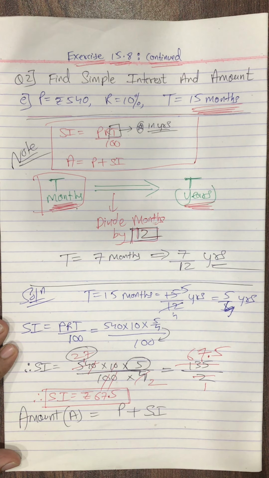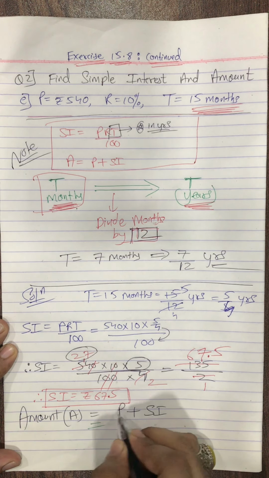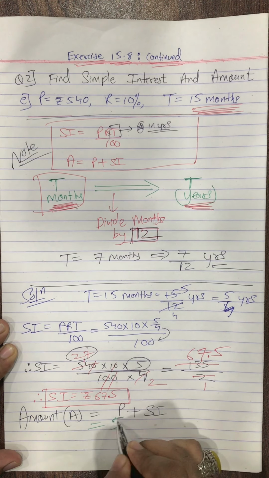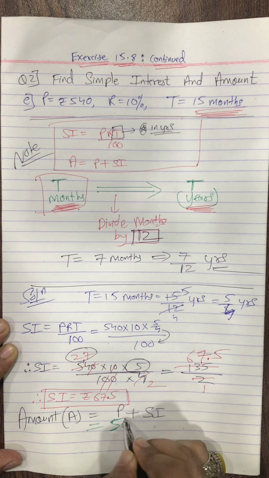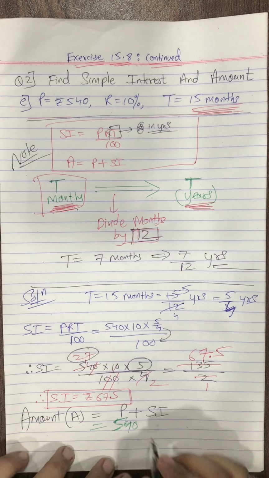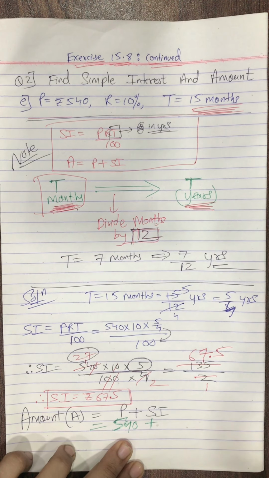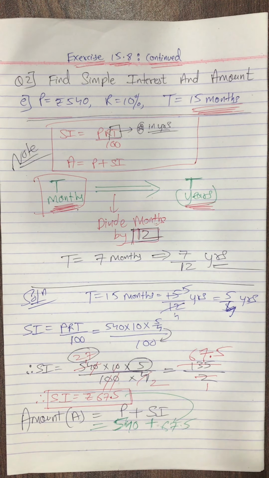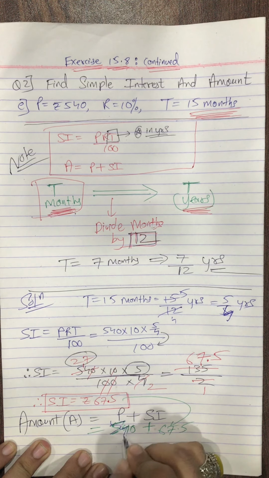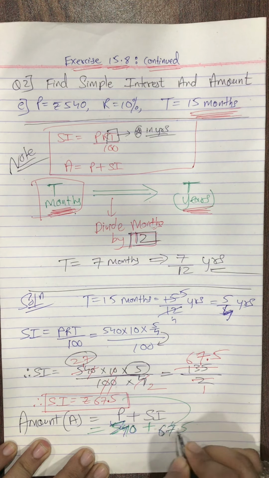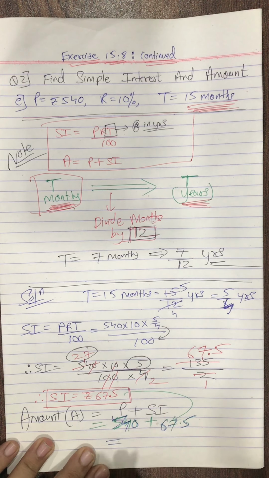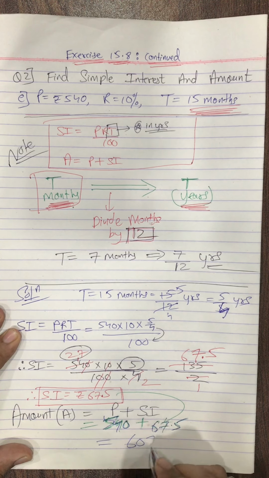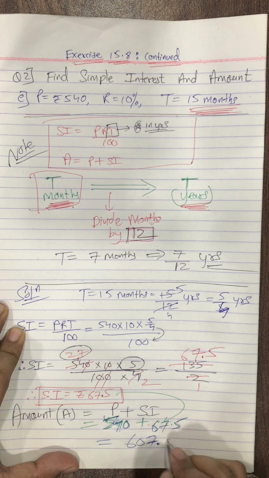The principal is given to us as rupees 540, plus the simple interest we just got, 67.5. If I add 540 with 67.5, I'll get the answer, students, as 607.5.